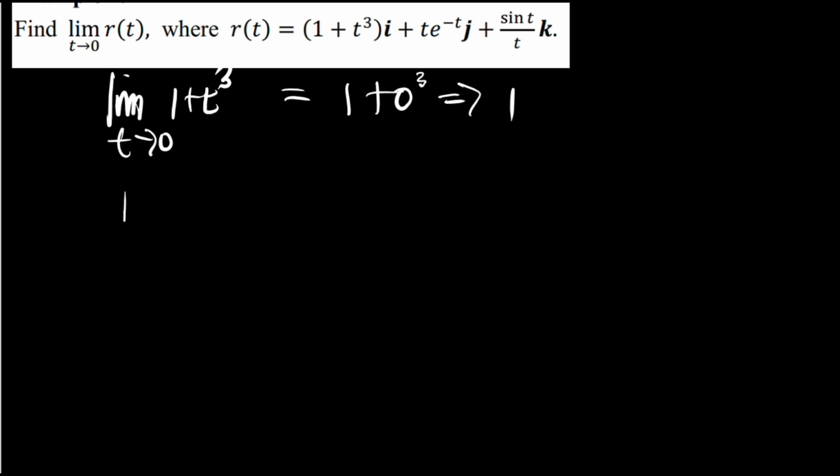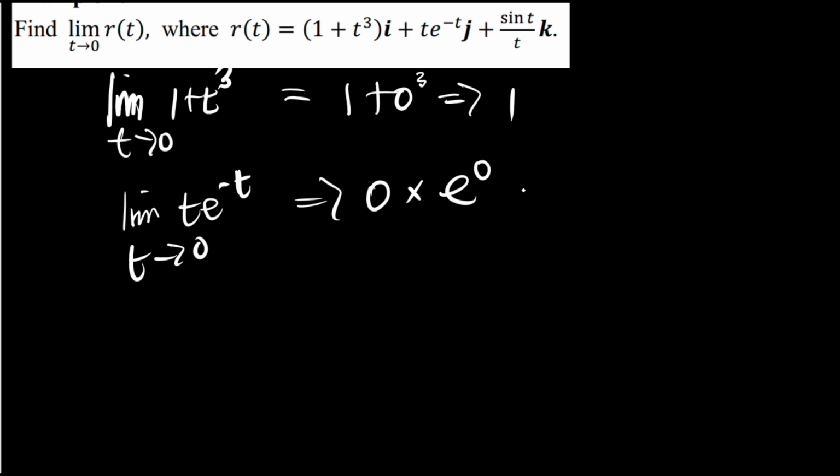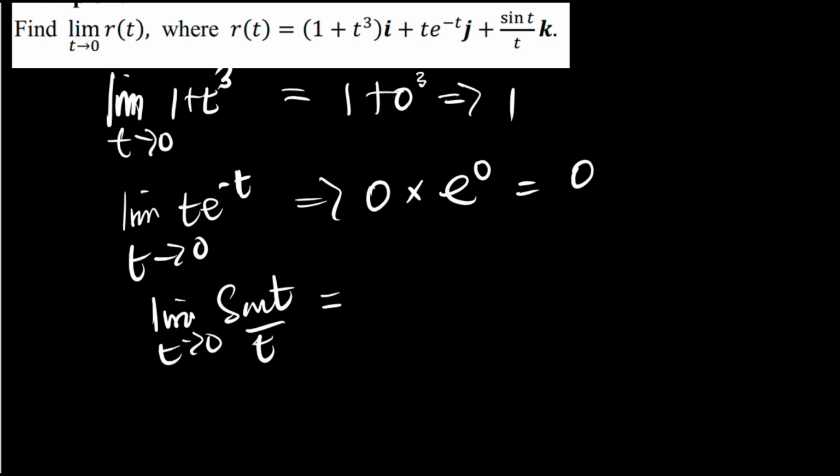Then the limit of t e exponent negative t as t approaches 0 will be 0 times e exponent 0, which will yield 0. Then lim sine t over t as t approaches 0. This is a special case in trigonometry.